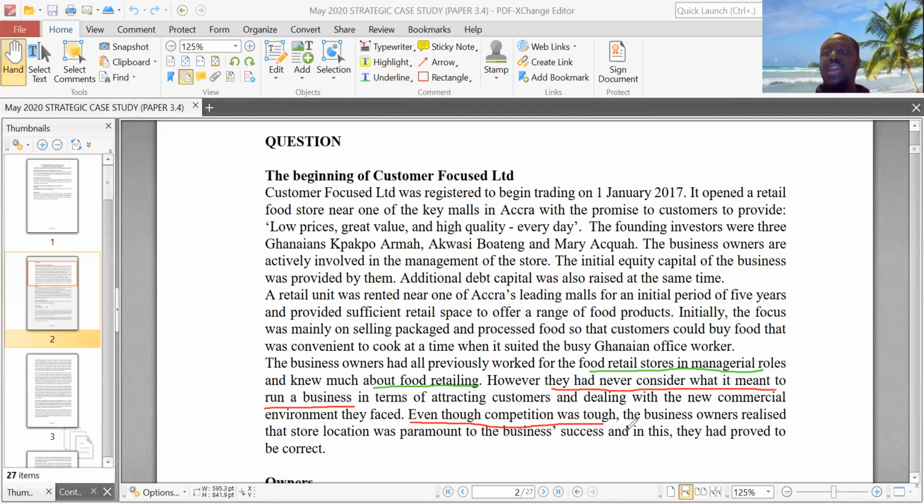So, for example, if your competitors are not doing delivery or don't have an online platform where you can buy food, CFL, or Customer Focus Limited, can step into that zone and own that space and become a master in that distribution channel, where customers can just order food online and it will be delivered to their home. So when competition becomes tough, organizations find different ways of handling it.